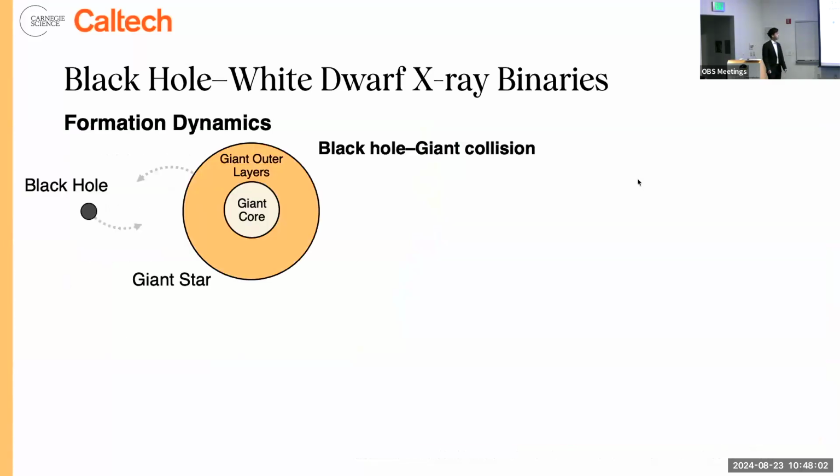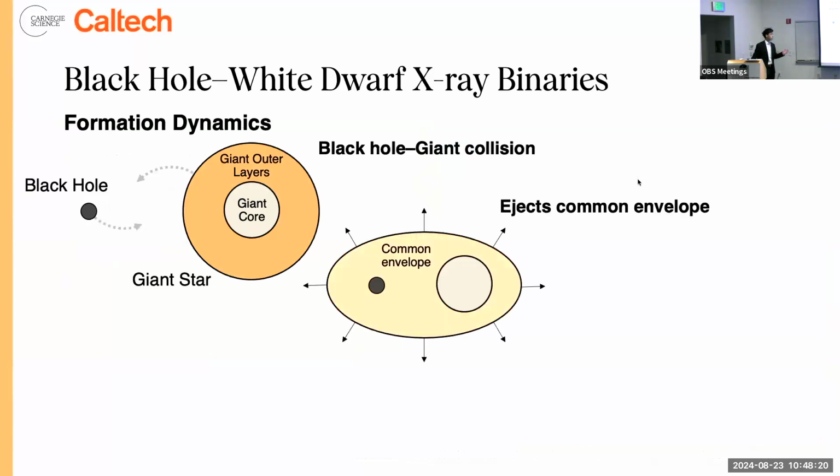The main formation channel that we're looking at for this project is black hole giant collisions. In a collision like this, since the outer layers of the giant star are so diffuse, they're really loosely bound to the core of the giant.